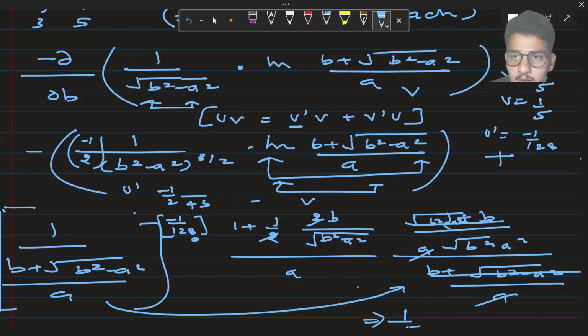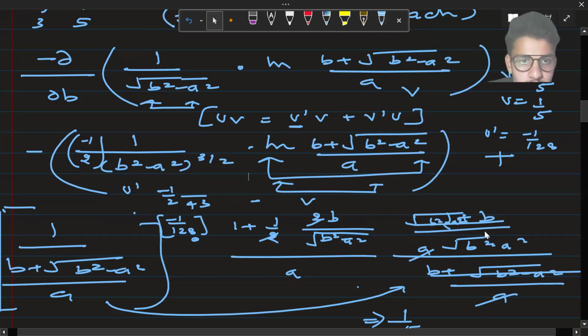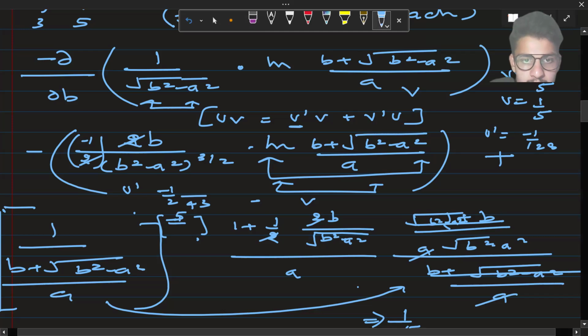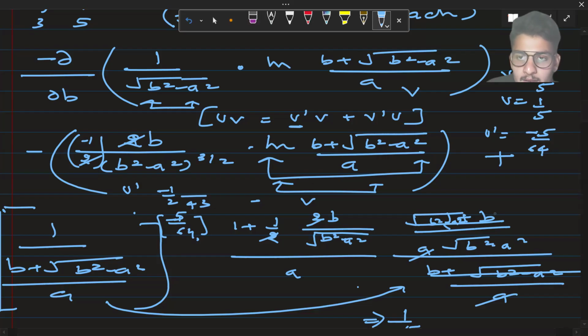That will be ln 3, and 2b will also be there, so it will be subtracted and you will receive minus 5 by 64. Minus 5 by 64 will be the b dash value. You can differentiate it.